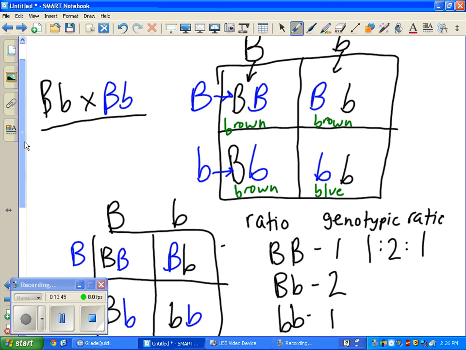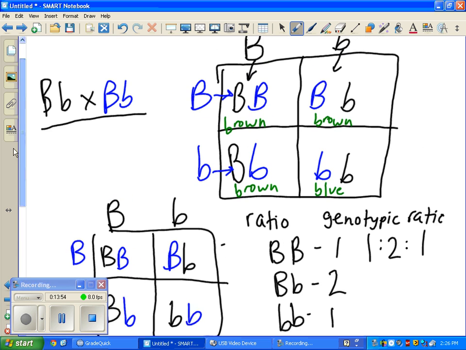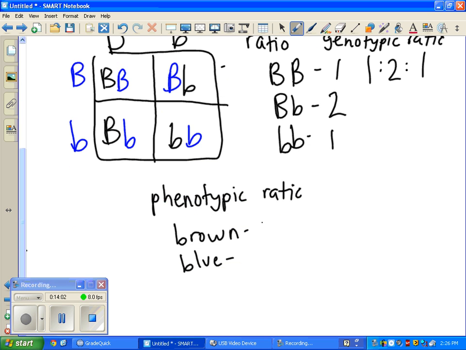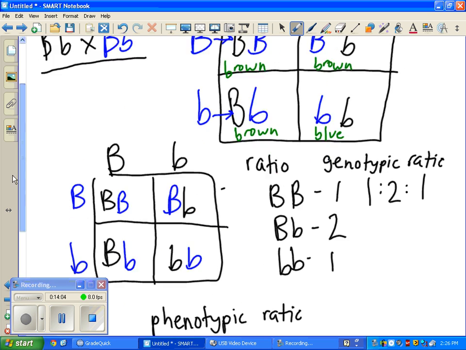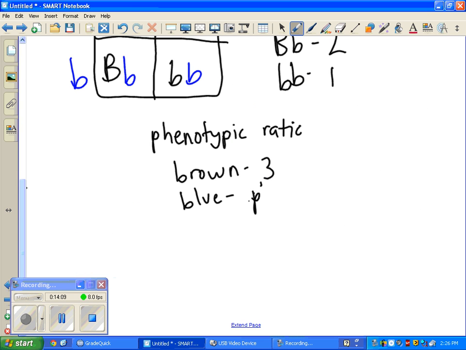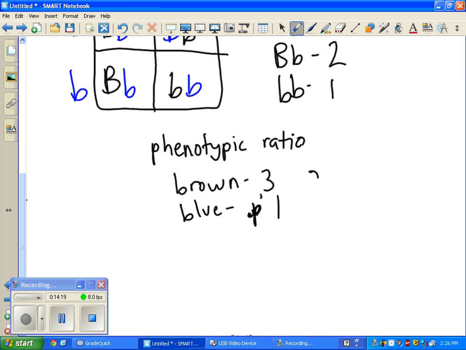We have brown and we have blue. And how many blues? So if we look up here, we've got 1, 2, 3 boxes that have brown phenotypes, and we have one box that has a blue phenotype. So the phenotypic ratio of crossing two heterozygous parents is going to be 3 to 1.